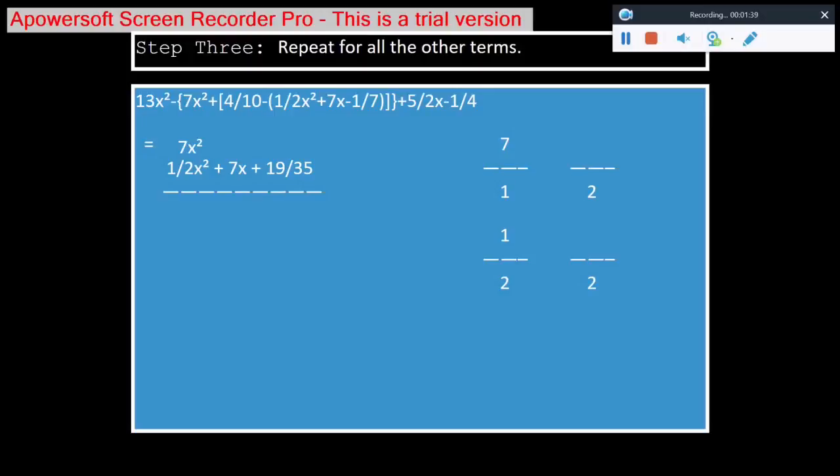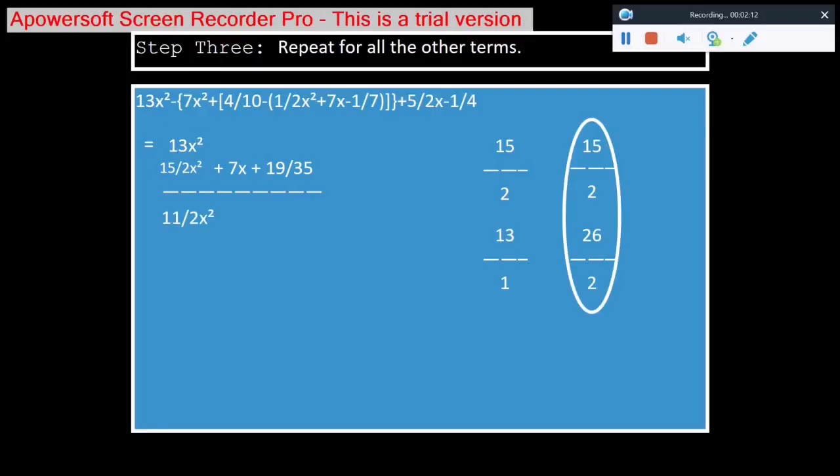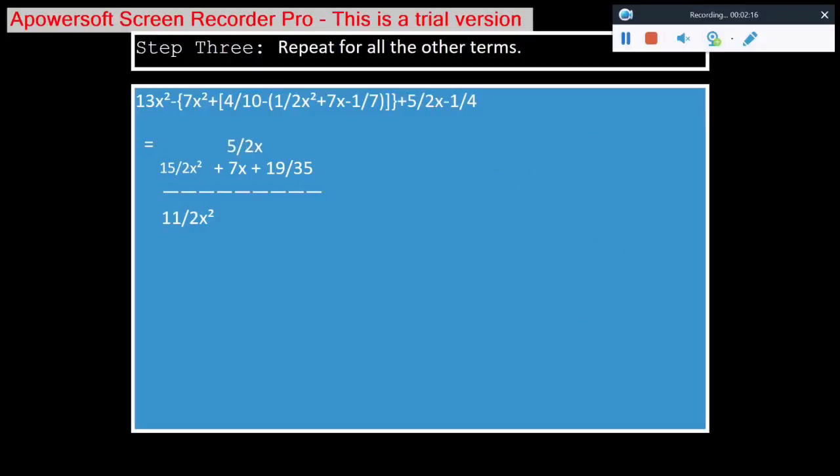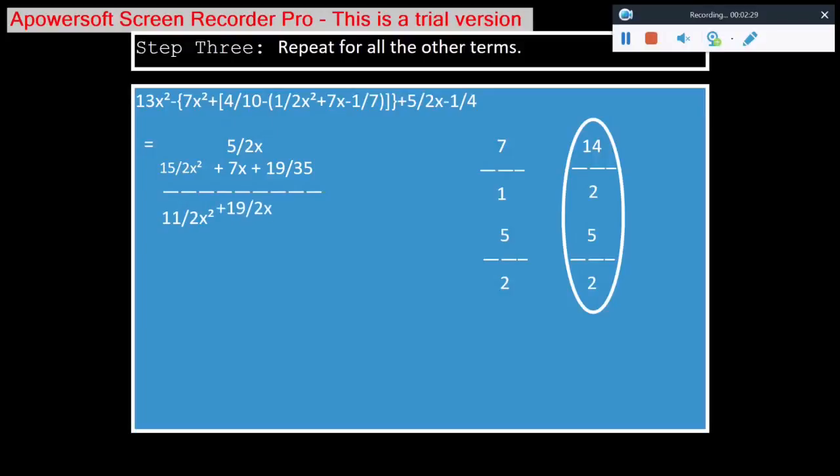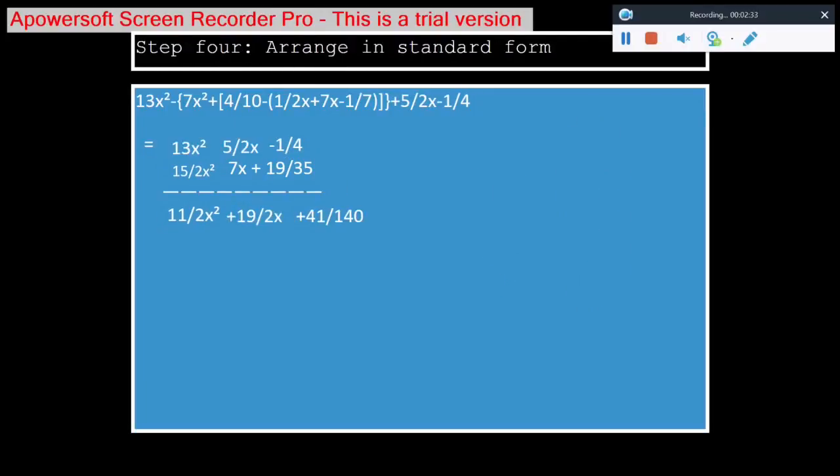We repeat it for the rest of the terms. Now, you have your final answer, which is arranged in standard form.